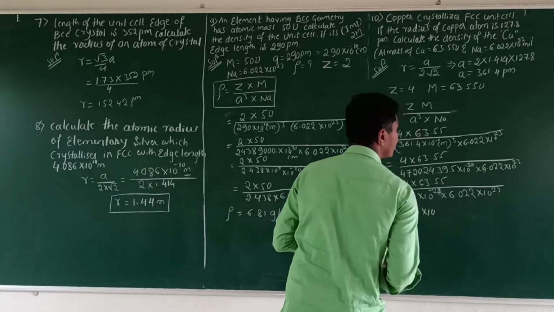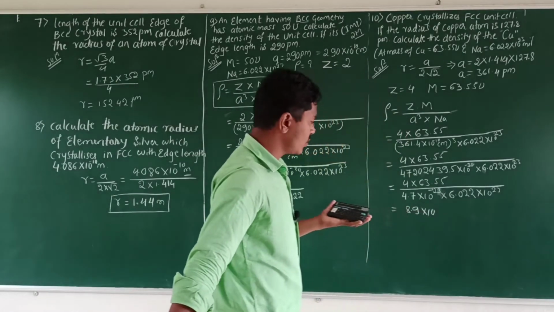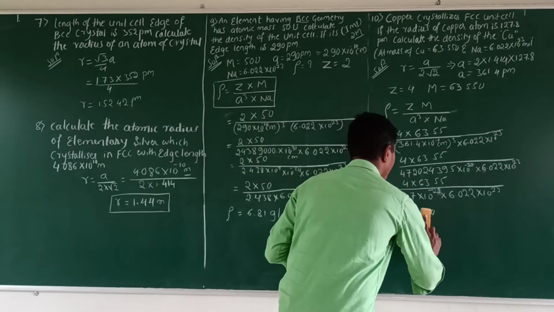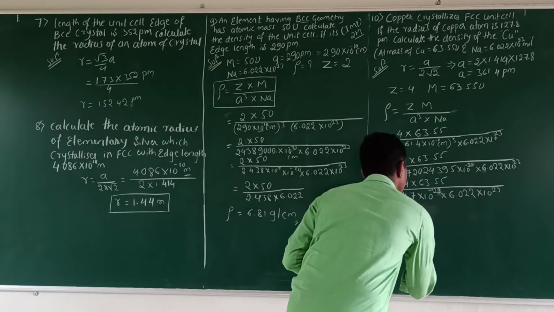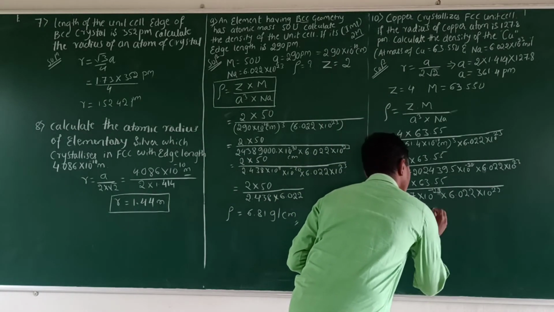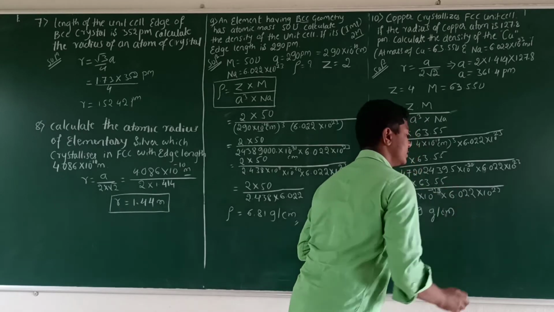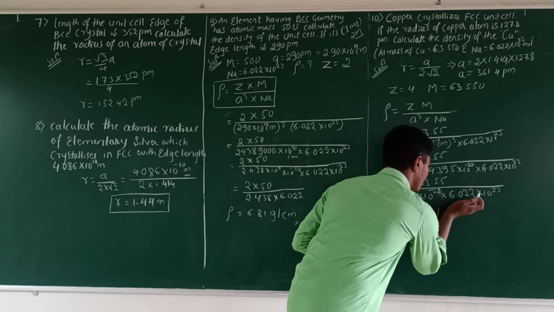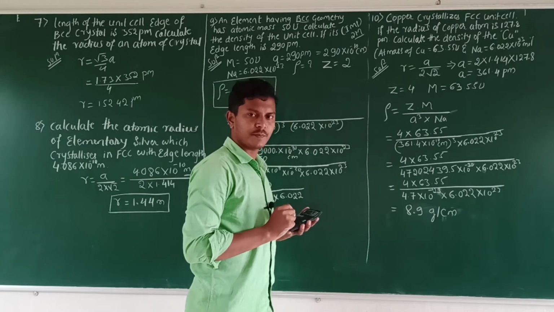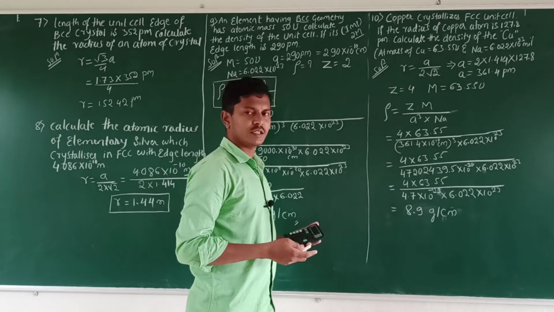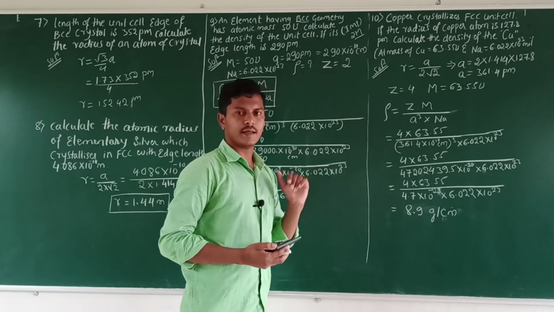There is no 10 to the power, they get cancelled. 8.9 gram per centimeter cube. Okay, we'll discuss still more problems in the next class. Okay, bye.